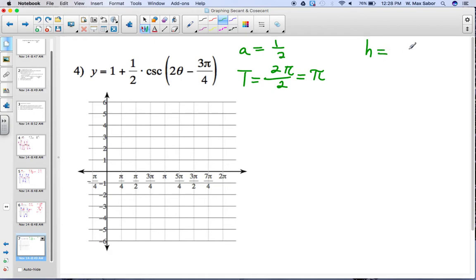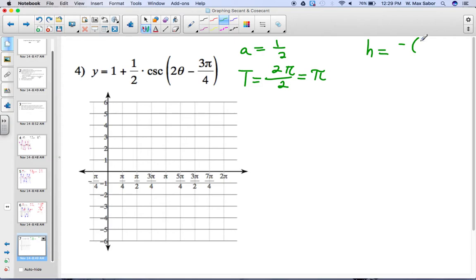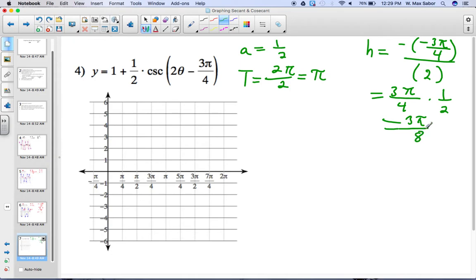H, our horizontal shift, is negative c over b, which is 3 pi over 4 times 1/2, or 3 pi over 8. Yes, 3 pi over 8. And then lastly, our vertical shift is up 1.